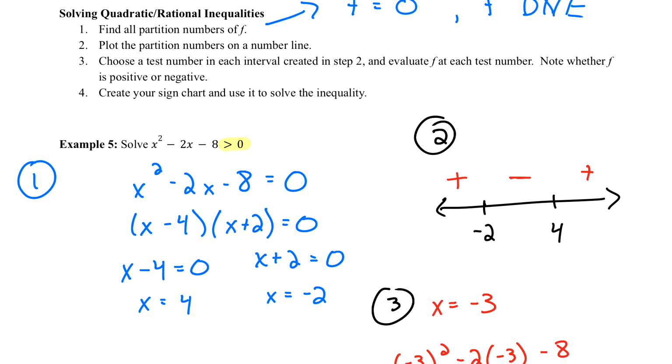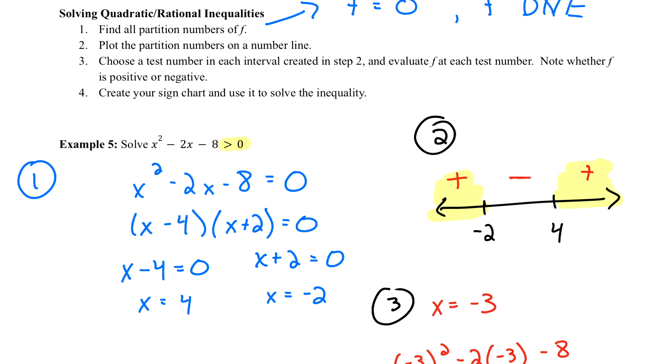So that means the intervals which will be a part of our solution set are places where our function was positive. Well, we have that information right here. We said it was positive on -infinity to -2, and then from 4 to positive infinity. So these are the 2 intervals that I want to give as my solution.